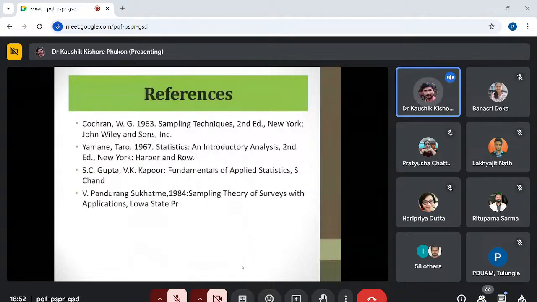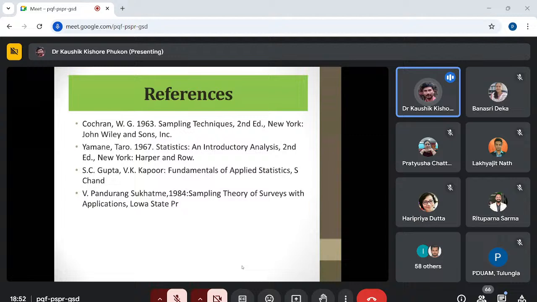Then references. You can study these books, very good books: Cochran, Sampling Techniques. If you want a very solid concept in sampling, you can go for these books. Then Yamane, then S.C. Gupta and V.K. Kapoor, a very good book, Fundamentals of Statistics.